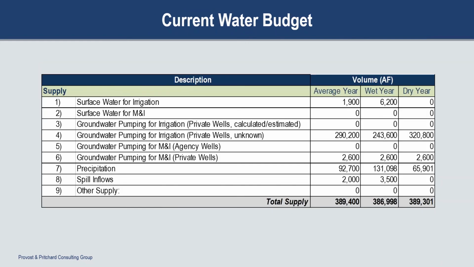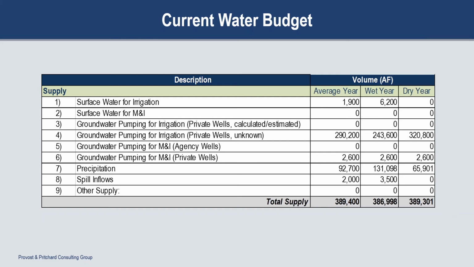So starting at the beginning of the water budget, we first look at what supplies there are. So we have some surface water coming into the area of 1,900 acre feet. There's also groundwater pumping that's used for irrigation. So this is how much is pumped out of the ground using some crop ET information, 290,200 acre feet.